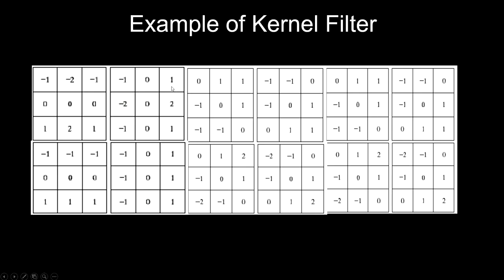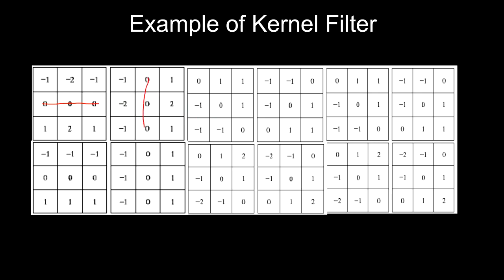So there are many examples of kernel filters. This is just some examples that I found on the internet. Every kernel has its own individual function. Let's say the first kernel will be used in order to detect this line, which in this case is the horizontal line.